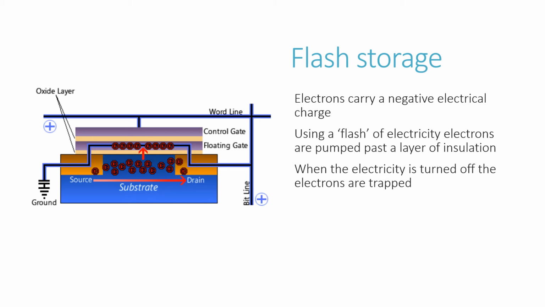When we store data in flash storage, a flash of electricity pumps the electrons through a layer of insulation. Then the electricity goes away and the electrons are trapped on the other side of the insulation. They don't have enough energy to get back down. So the trapped electrons give the substrate a slightly negative electrical charge, and that is how the data is stored.